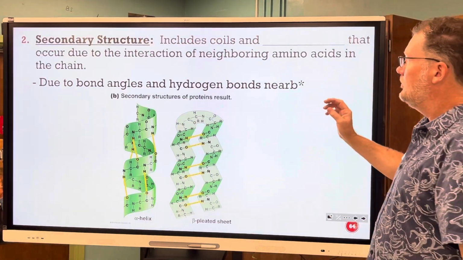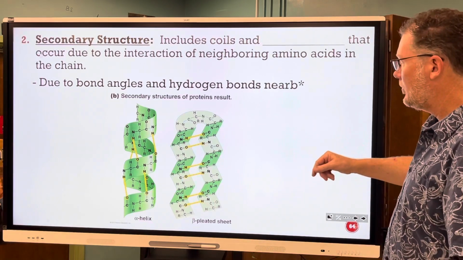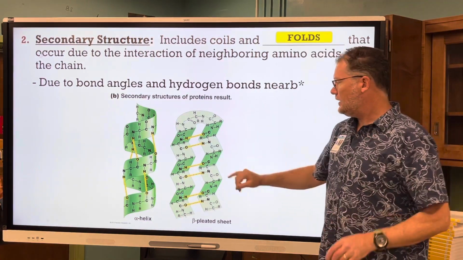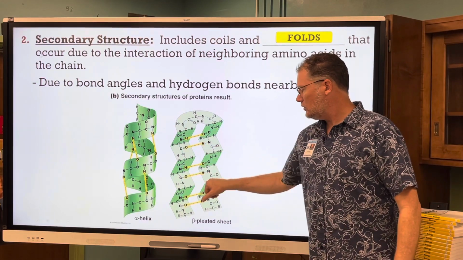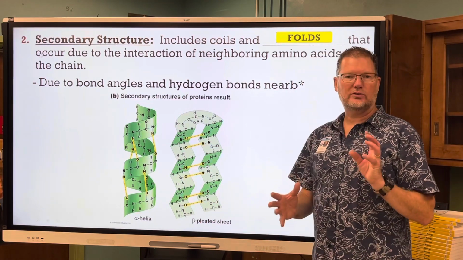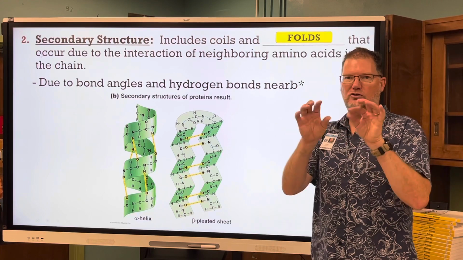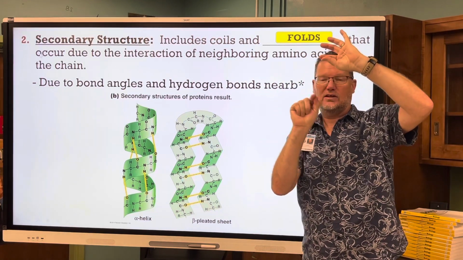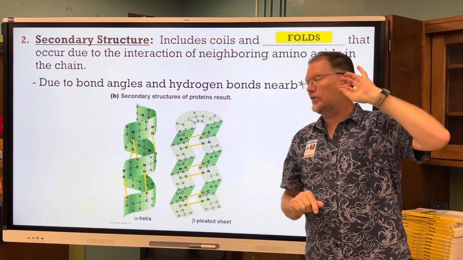Then, the secondary structure, it starts to coil and make connections, bonds across the coils. So imagine taking the beaded necklace and folding it in half, and then connecting some of those R groups together.